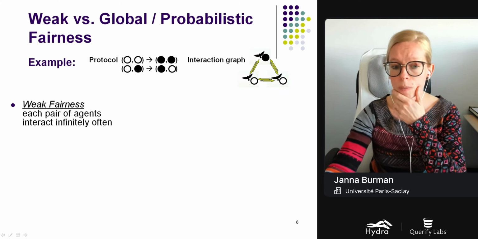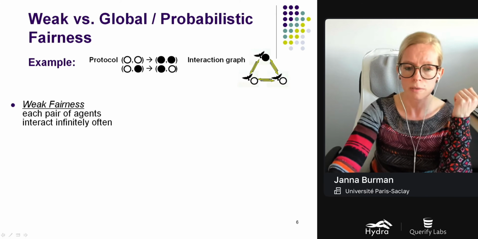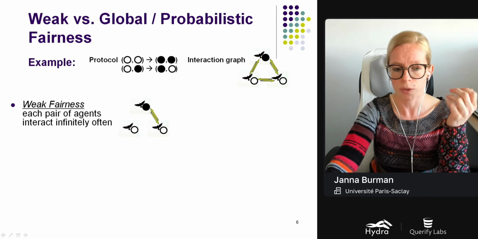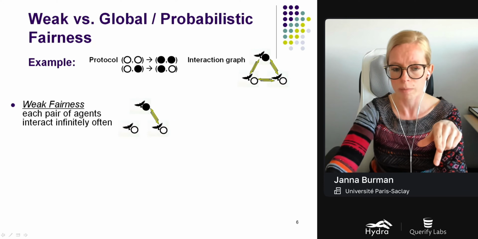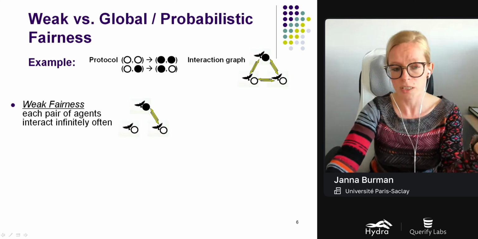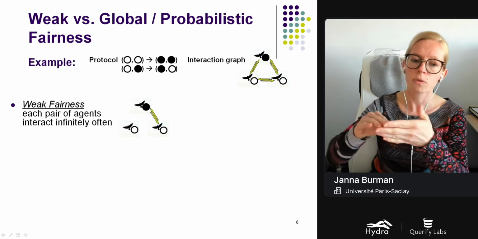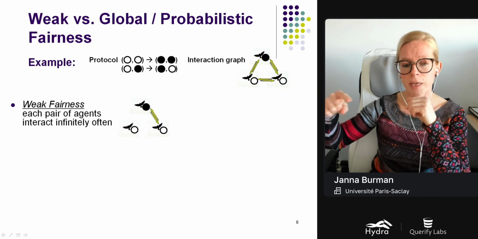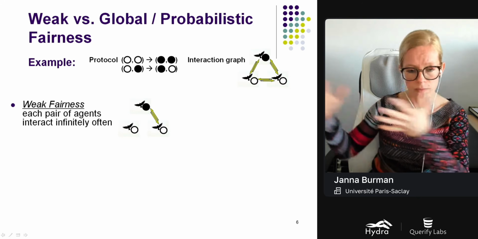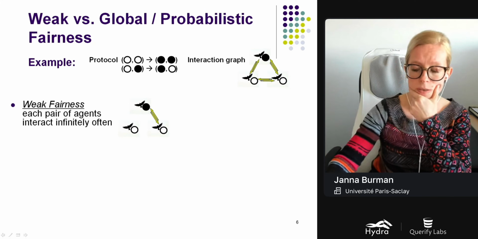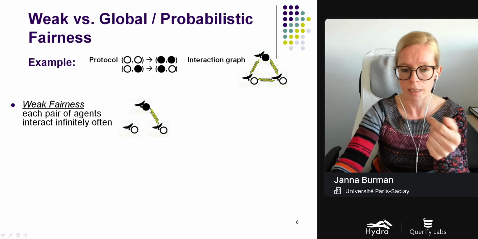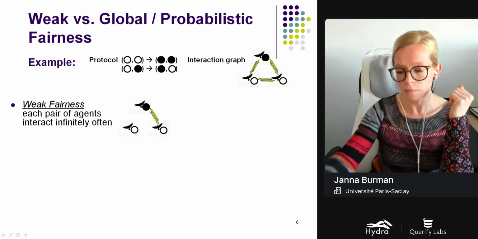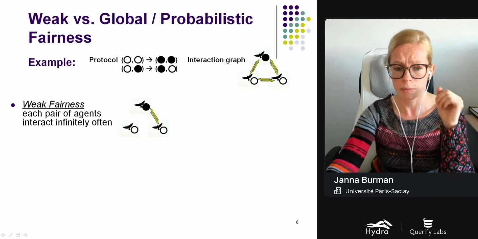And let me show you a possible weakly fair execution. So let's assume we start with such a configuration. There are 2 white agents and 1 black. And to satisfy weak fairness, we have to obtain an infinite execution where every pair of agents interacts infinitely often. Okay, so we start with this first pair of 1 black and 1 white agent. The edges I have here represent interaction.